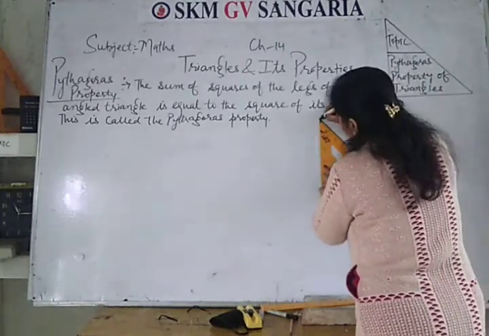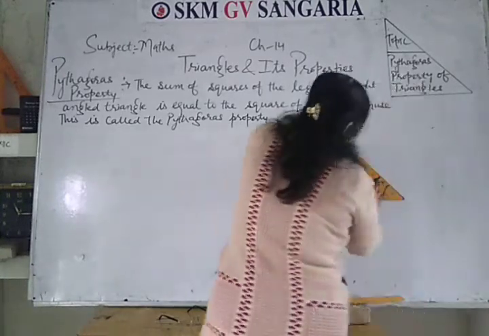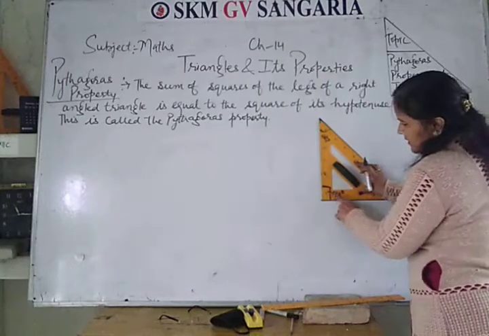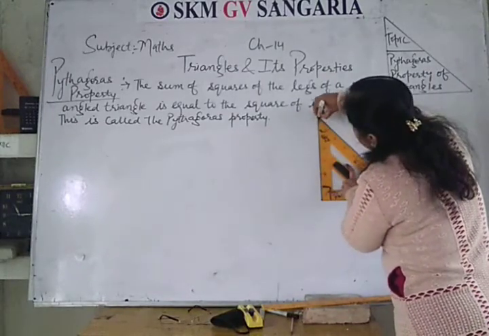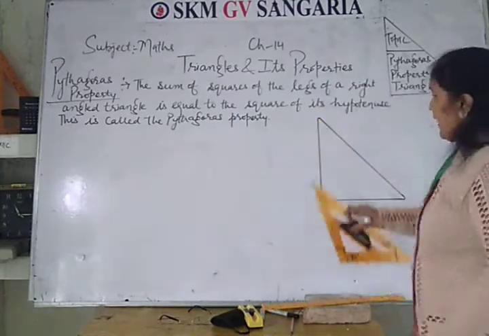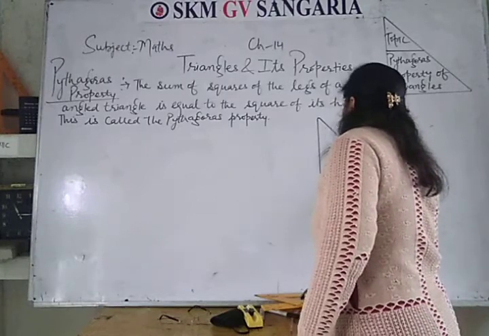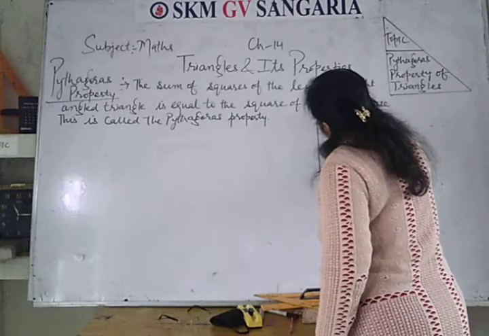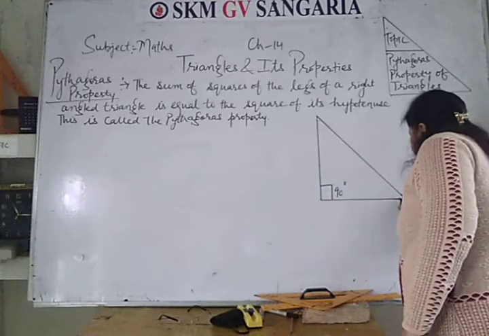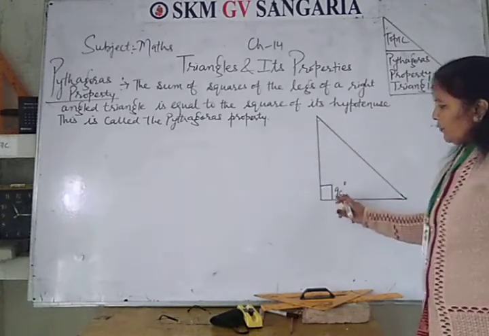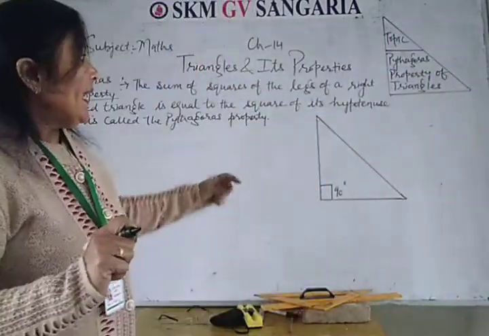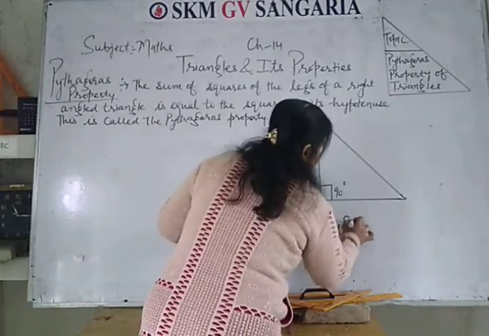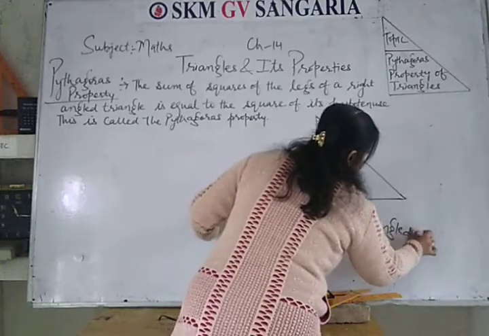If one of the angles of a triangle is 90 degrees, then the triangle is called a right angled triangle.